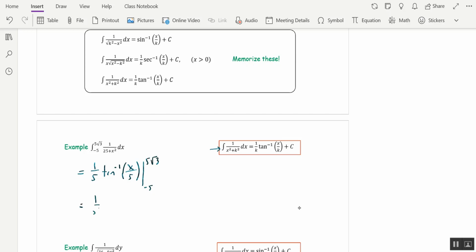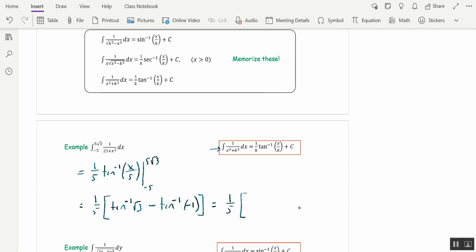That's 1/5. Pull that out. I want tangent inverse. When I put in the upper limit, I just get root 3, minus tangent inverse. When I put in -5, I get -1. So that's 1/5.